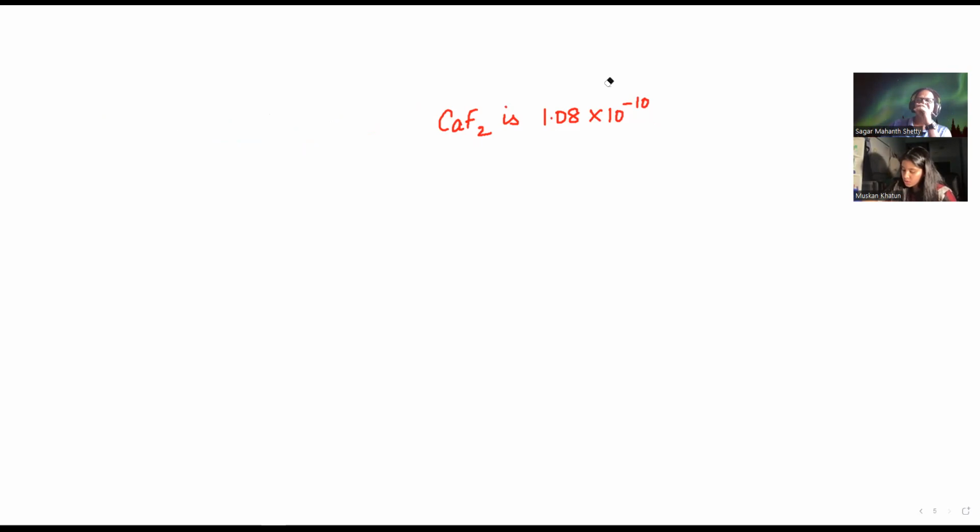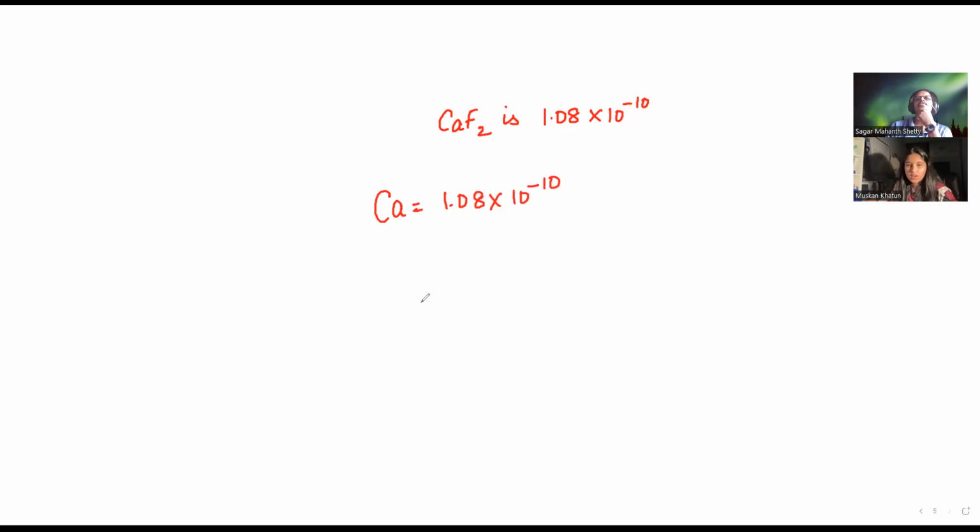And then from here, it would be CaF2 equals Ca, which would be 1.08 times 10 to the power of minus 10.